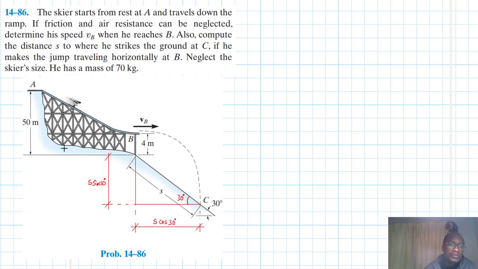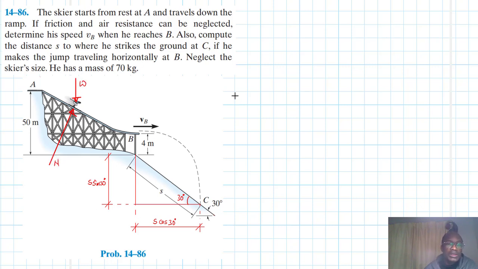Great. So we have the weight of the skier. Let's say the center of gravity is somewhere there. And then we have the normal force. So this is W and this is the normal force.